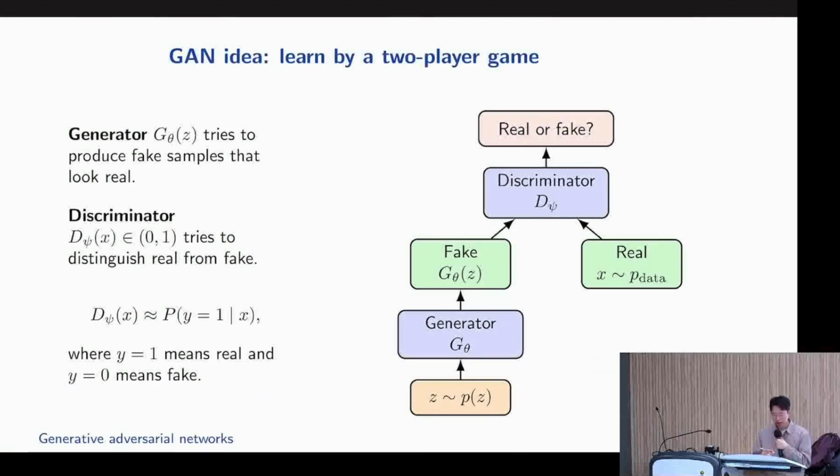So we're going to formulate it as a two-player game. Who are the players here? There's the generator and the discriminator. These are opposite sides. They compete against each other on the same objective. The generator tries to produce fake samples that look real. The discriminator is a binary classifier.